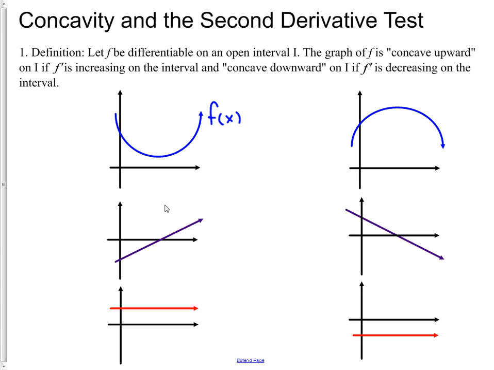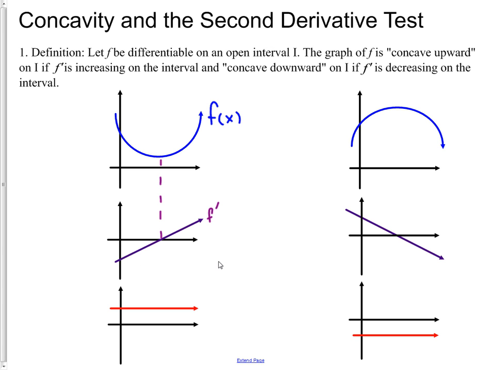And the reason we would say it's concave up is that when we look at our derivative, f prime, on that same interval, up to this point, of course, we know that where the derivative is positive, the function's increasing. Where the derivative is negative, the function's decreasing. But more to the point right here, we're looking at the effect of the second derivative.